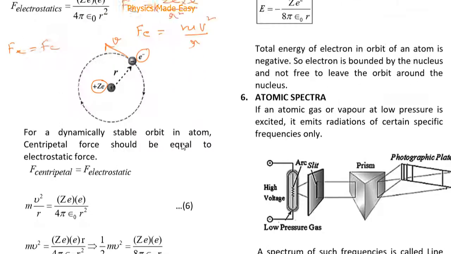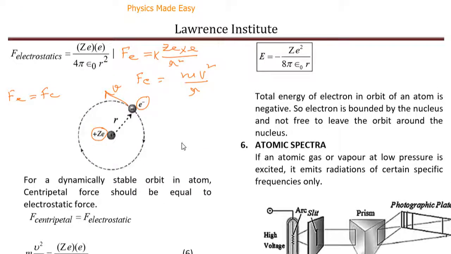So the very first thing that we will obtain from this formula is the formula for kinetic energy. Let it be equation number 1 and let it be equation number 2. Now equation 1 is equal to equation 2.